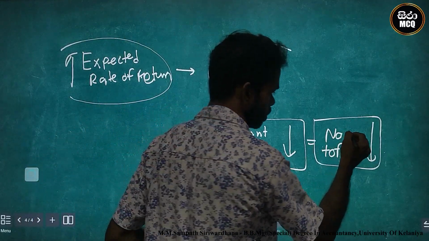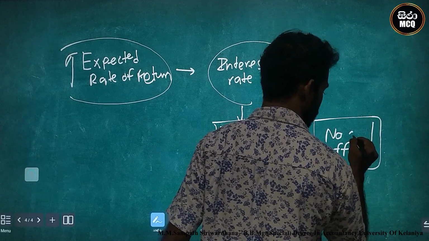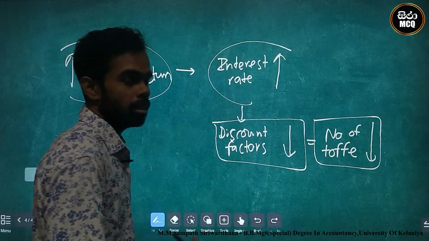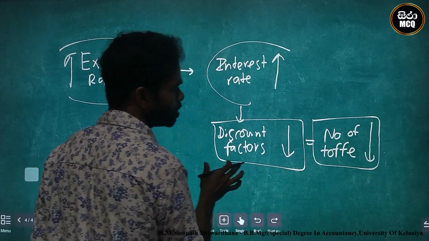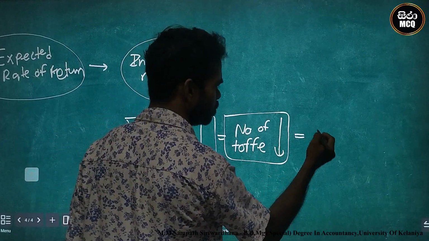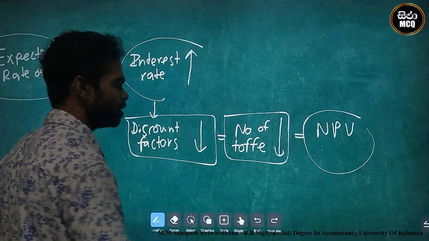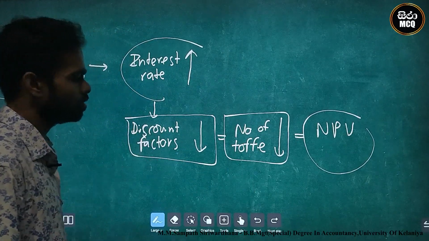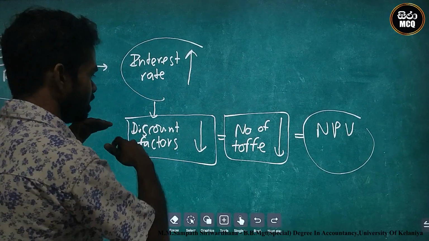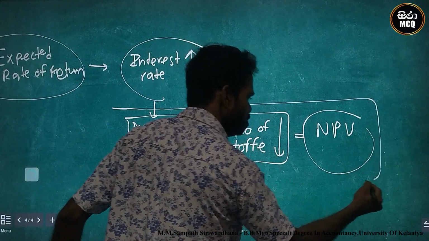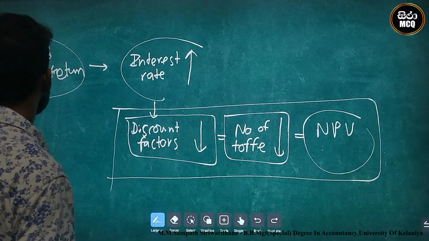Number of toffees are decreasing. The number of toffees is the same as which amount? Number of toffees is net present value. Net present value is number of toffees. Number of toffees is discount factors. There is the same impact here.